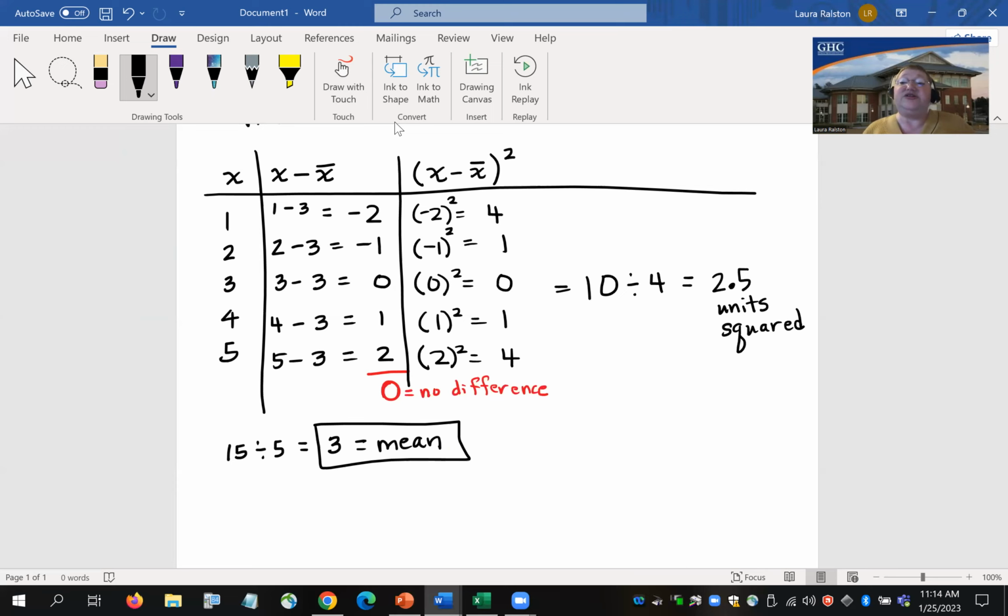We would take our data value minus the mean and then divide it by the standard deviation. Okay, so we take our data value of interest, we subtract it or compare it to the mean, and then we divide by the standard deviation.